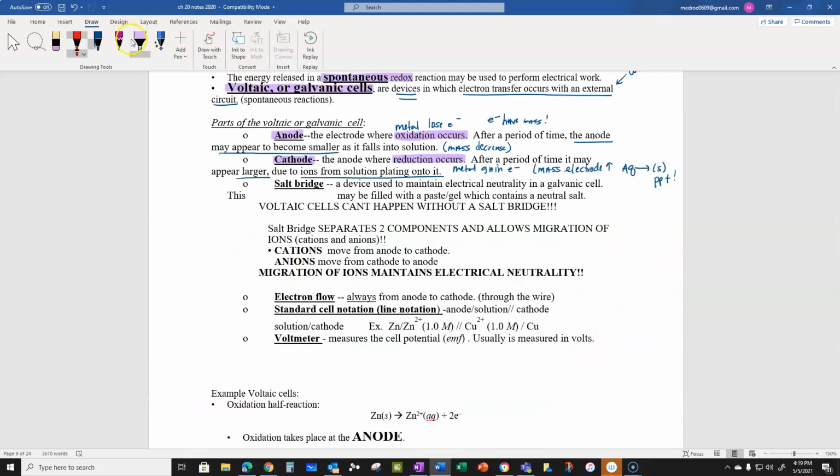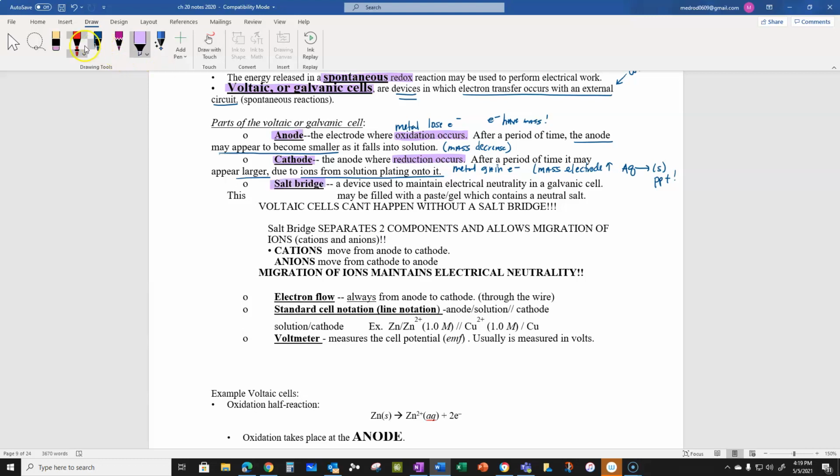Well, there's a very, very important piece that has to connect these two cells together. It's called a salt bridge. Usually this salt bridge, you would see it in the video, could be a piece of paper that's been soaked in a salt solution. It could look like a U-tube shape.